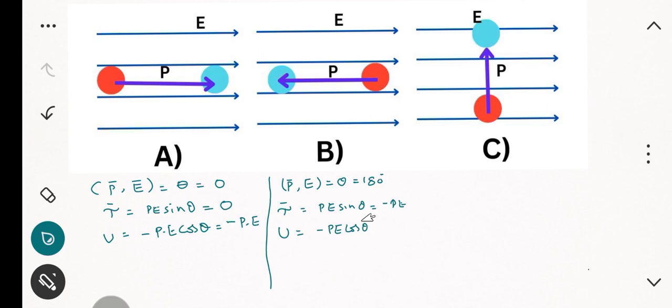Here theta is 180, cos 180 is equal to minus 1, minus 1 into minus PE, we get PE.